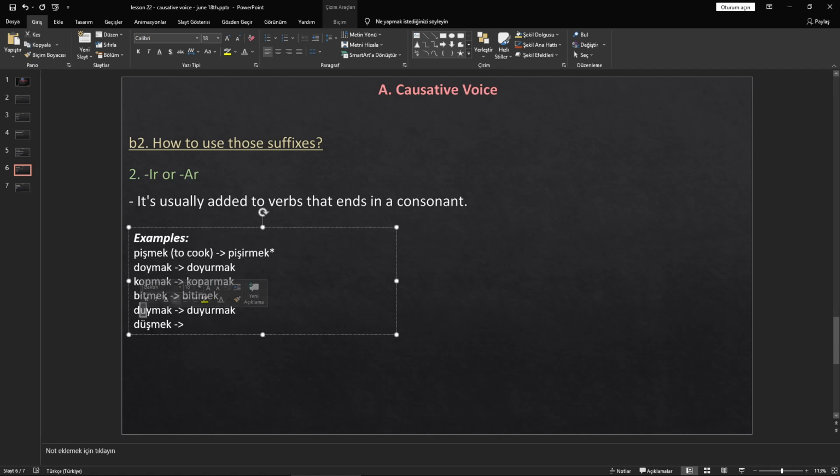Because we have this u, the vowel harmony says after u it comes ur. Duyurmak. And düşmek. How is the last one in the causative voice? Yes, Vio. You are correct. Düşürmek.